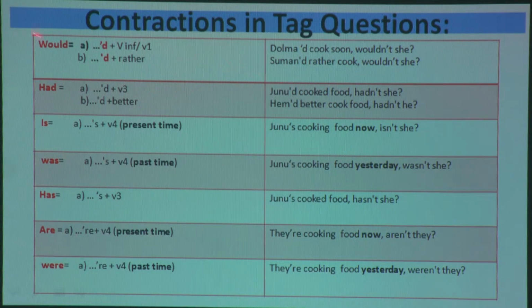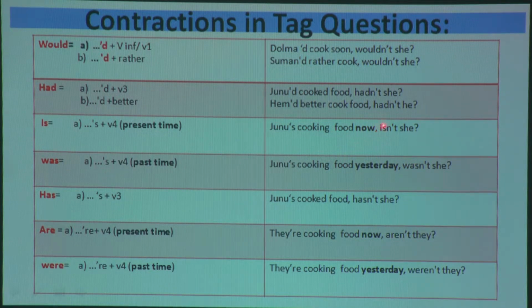Had. So would plus infinitive form, wouldn't he. Would rather, wouldn't he. Would plus V3, hadn't he. Would better, hadn't he, the same thing. So present time before, present participle form: cooking food now, so present time now; before, past time, yesterday, wasn't he.